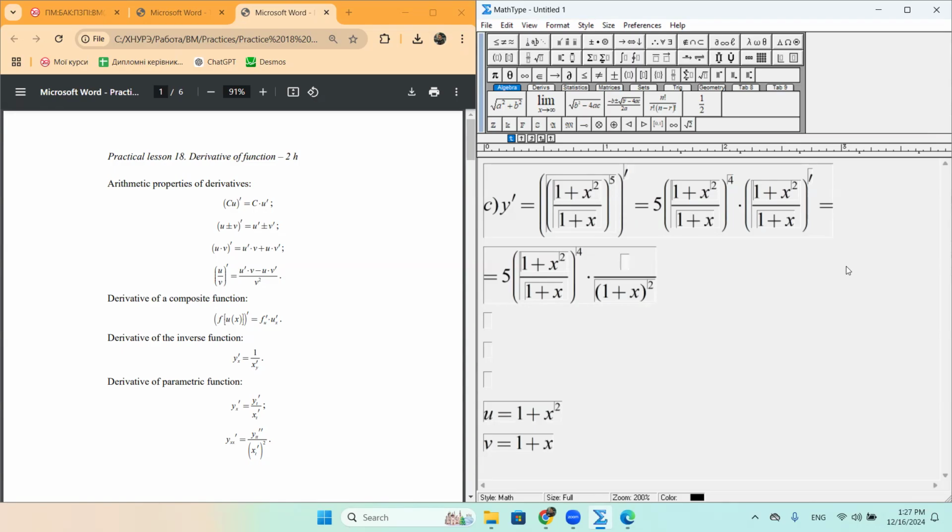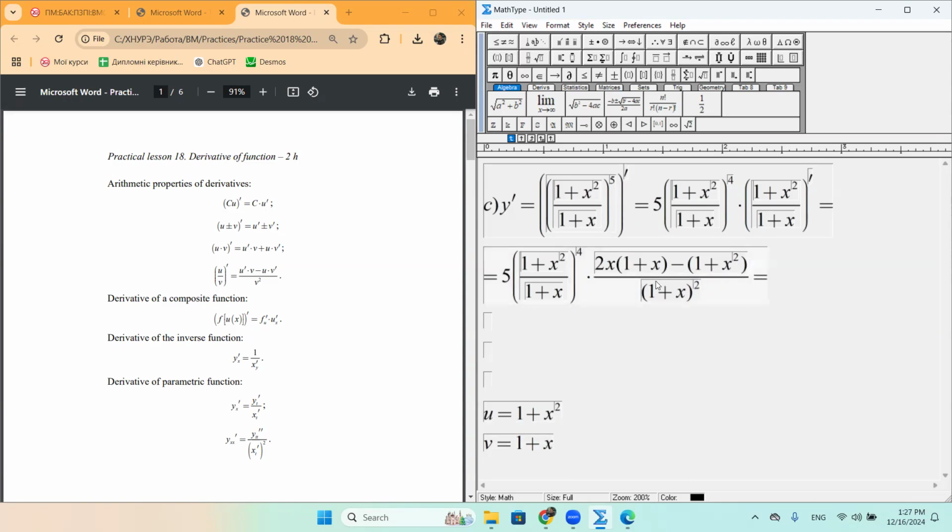So u prime equals x, and we multiply by 1 plus x, and subtracting 1 plus x in power of 2, and v prime equals 1.